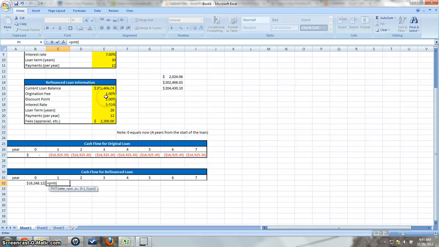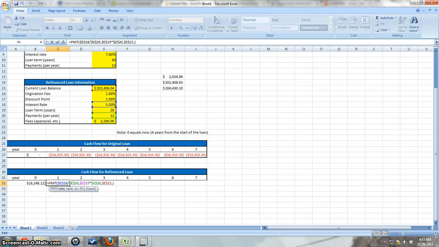And payment, simple enough, 5% again. Divide that by the number of payments per year, number of periods, the present value, and voila.